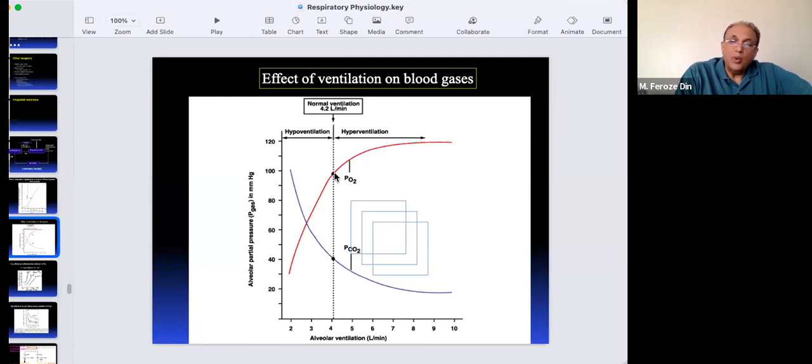Yes, there's a slight increase in the oxygen levels. But what is striking is that the level of carbon dioxide falls. So hyperventilation actually throws out too much carbon dioxide. And this is actually loss of acid. And we shall see later when we do acid-base balance that that can result in a state of alkalosis of the body.